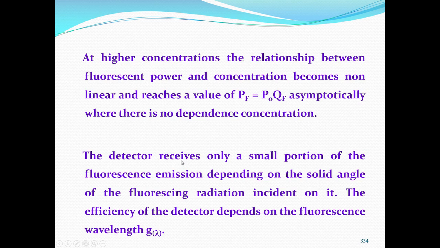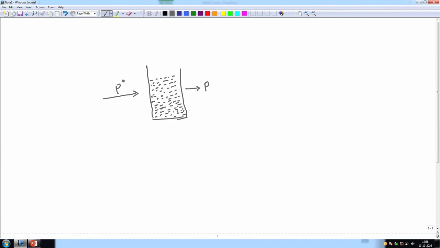So, it is a very interesting function, because if you imagine we have an incoming radiation and here is the fluorescing material in this cuvette. What happens is the fluorescing molecules will be concentrating only in this area.